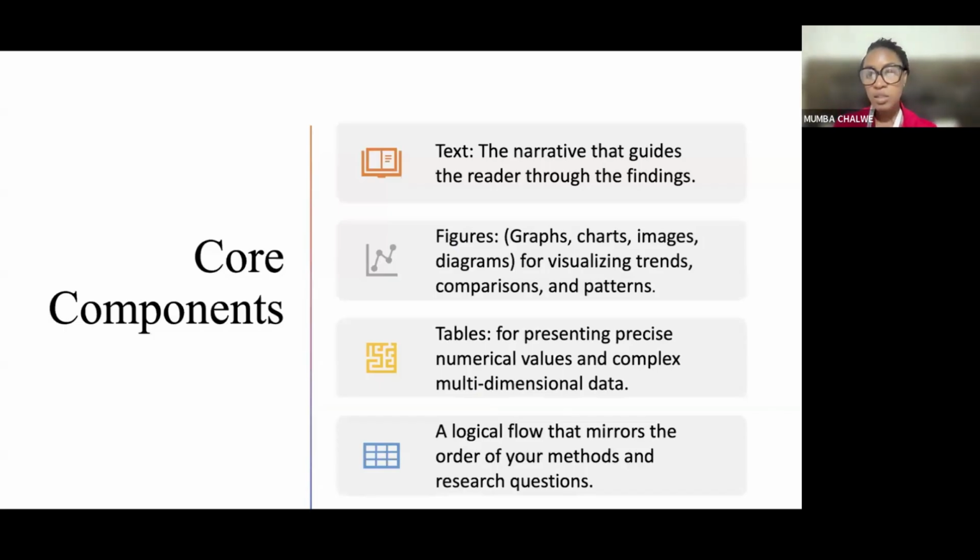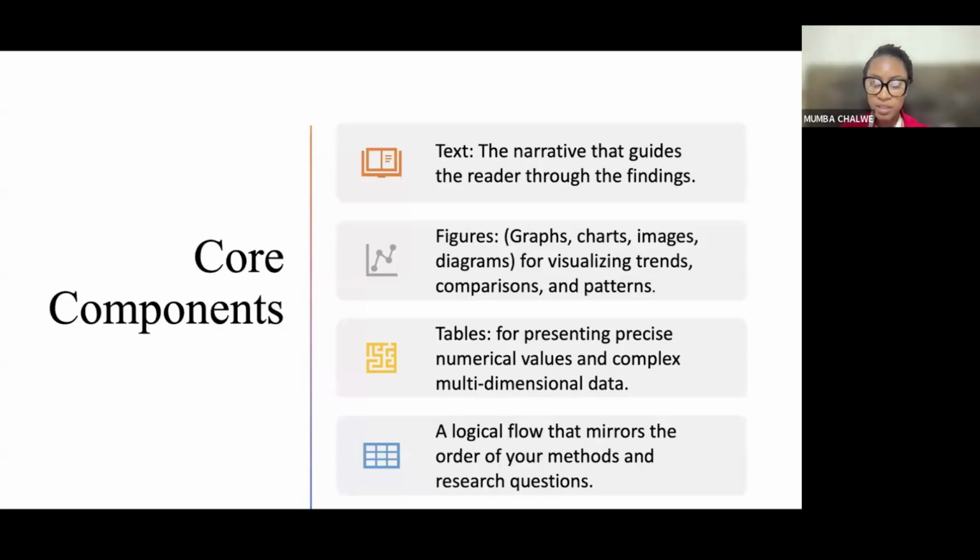The figures include graphs, charts, images, diagrams, just for you to be able to visualize what you're showing, whether it's comparisons, patterns, trends, just visual aids and visualization tools. And then you've got tables. Tables typically are used for presenting very concise and precise numerical values or complex data, right?